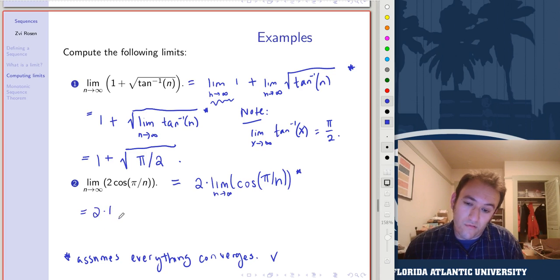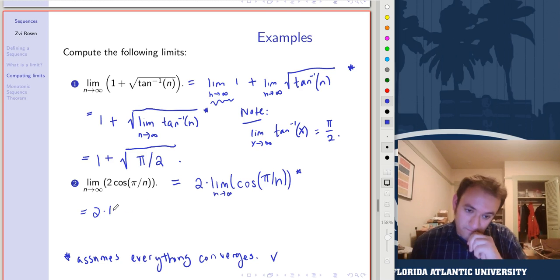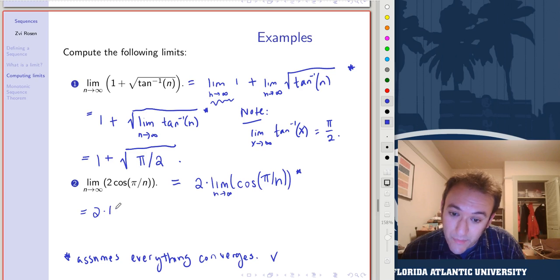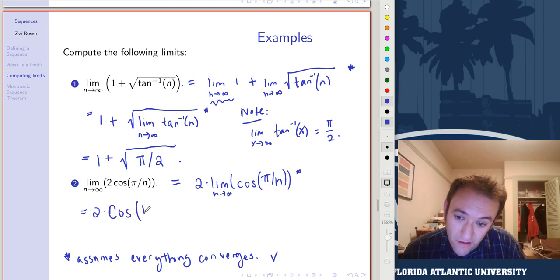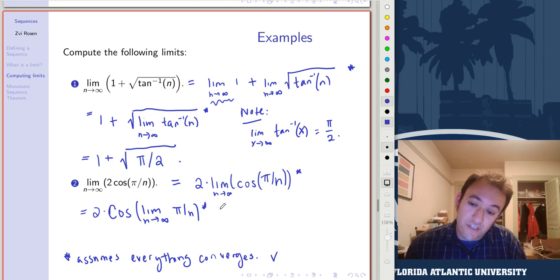Now, taking the limit of a cosine, because the cosine is continuous everywhere for all real numbers, then assuming that the inside converges, we can pass the limit inside of the cosine. So we'll take 2 times cosine of the limit as n goes to infinity of pi over n. Again, there's an assumption here that everything converges.